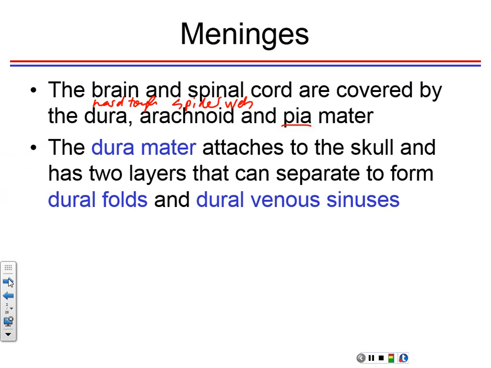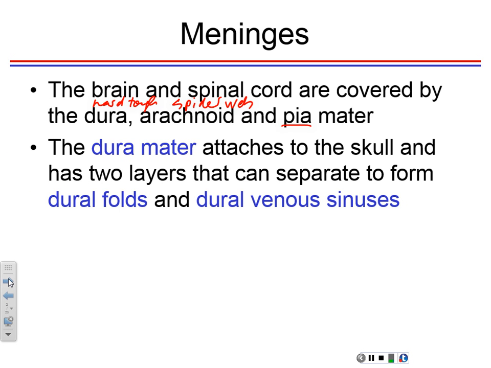The thing about the dura mater in the brain is that it is made up of two layers. Because the cranium, the flat bones that surround the brain, have a membrane that we've seen before, the periosteum, the outer membrane that covers bones, which is actually what forms the first layer of the dura mater in the skull.